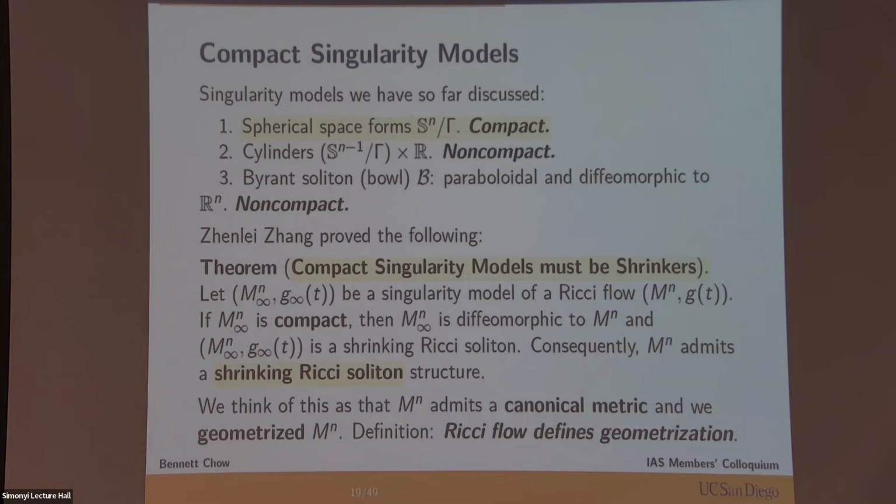And you can make the hypothesis that maybe this is a good definition of canonical metric, and we'll think of, in this case, the manifold as having been geometrized. So in a sense, we're basically making the hypothesis that Ricci flow defines geometrization. It's maybe a little bit different in dimension 3, because in dimension 3, you have the sphere and tori or JSJ decompositions, right?